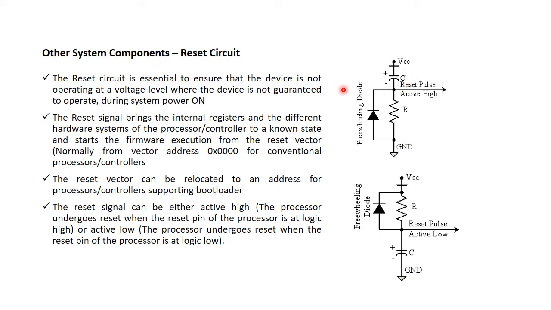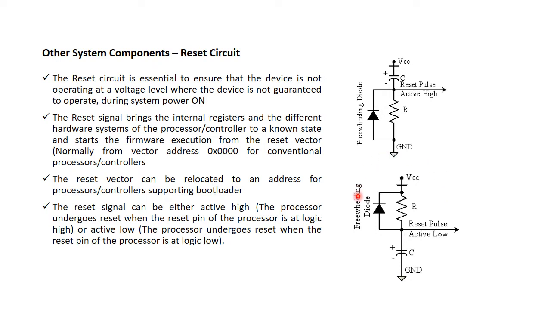Okay, so this is for the active high reset signal generation, where you can see the signal is taken from the point after the capacitor, and the other end of the capacitor is connected to VCC, and then through a resistor this point is connected to ground, and the resistor is connected in parallel with the freewheeling diode.